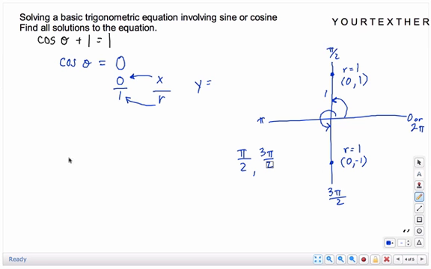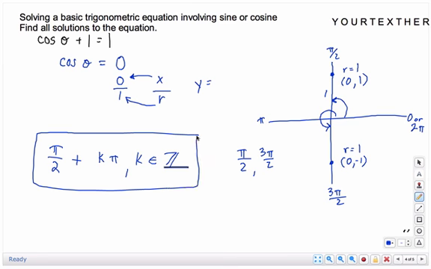So I'm just going to start with the smaller angle pi over 2 and say plus k times pi. I get a solution every pi, where k is an element of the integers. And that's your answer.